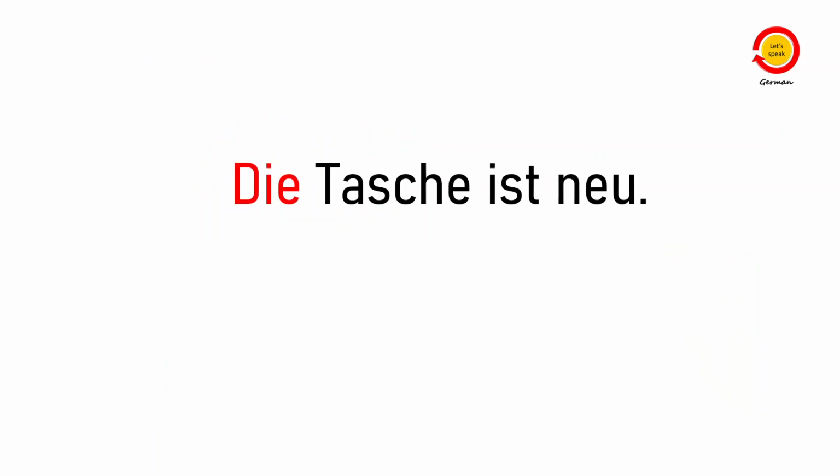Example 2. Die Tasche ist neu. The bag is new. Again, use the same logic. A Tasche, or a bag, is feminine. Here, as I said earlier, there is no definite reason why a bag is considered feminine, or why a passport, der Pass, is considered masculine.